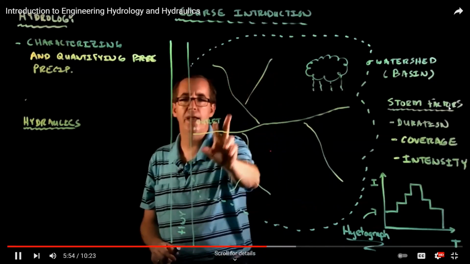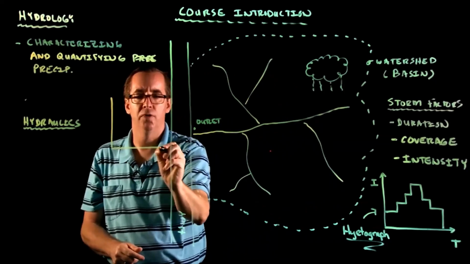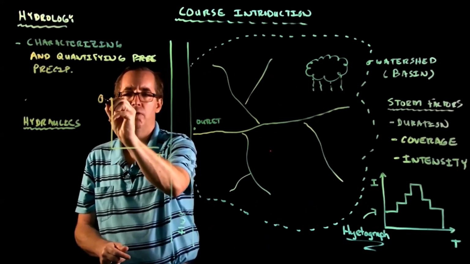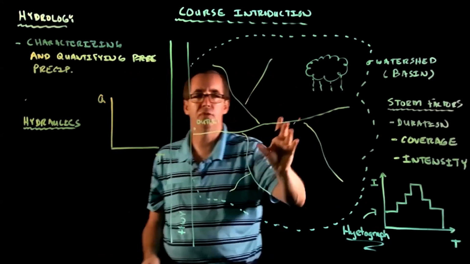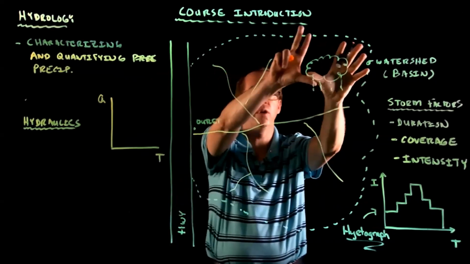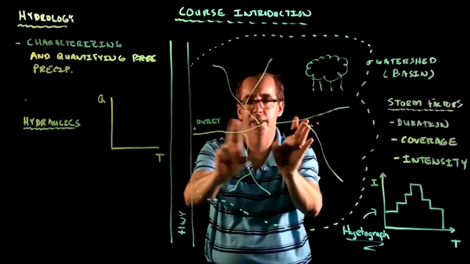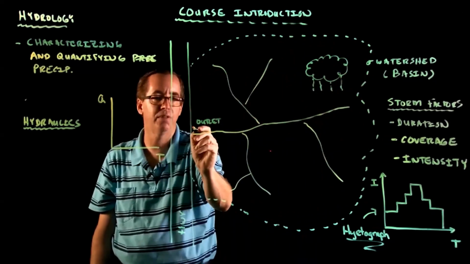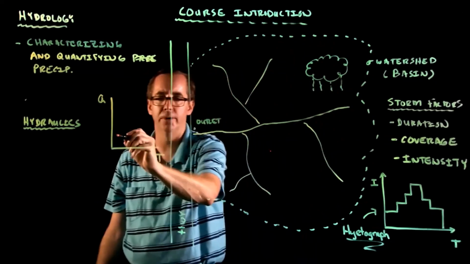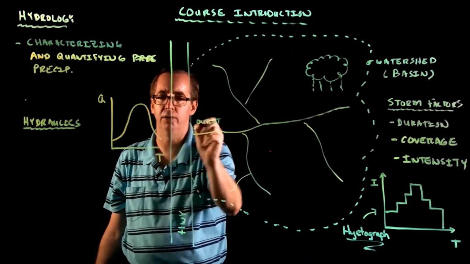If we actually look at that outlet and plot the flow over time, initially maybe this part gets saturated, and then the runoff from here starts making its way down, and these rivers start contributing, and little by little everything contributes. At this point here, if we had a flow meter, it would register the flow going through that outlet.